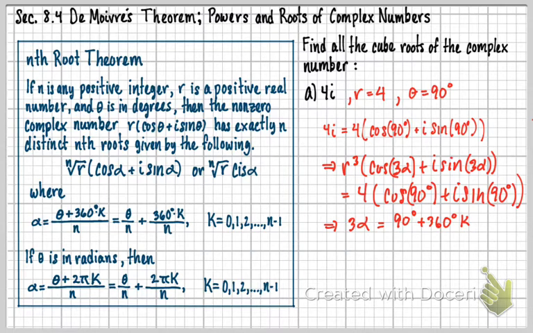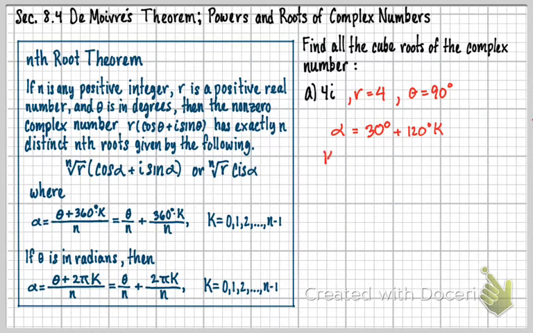So now we're going to divide everything by 3. So then alpha is going to equal 30 degrees plus 120 degrees k.